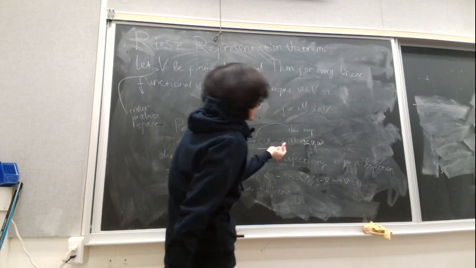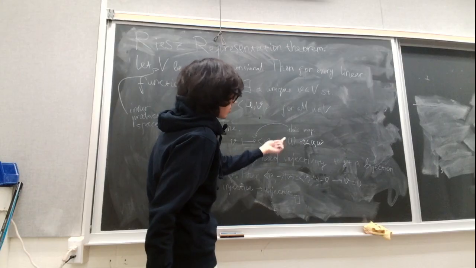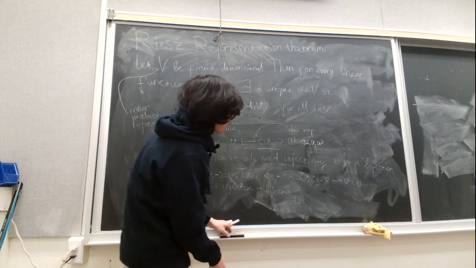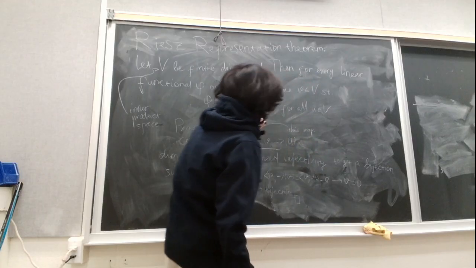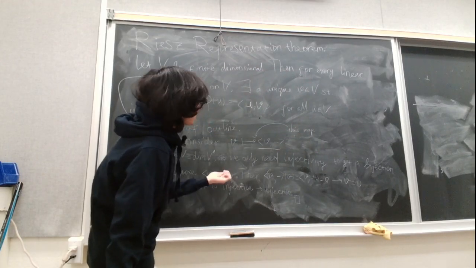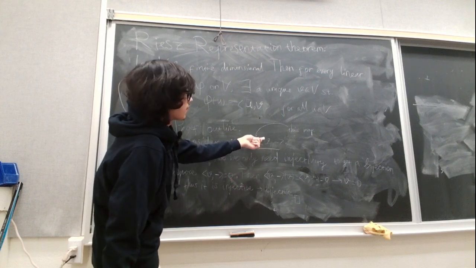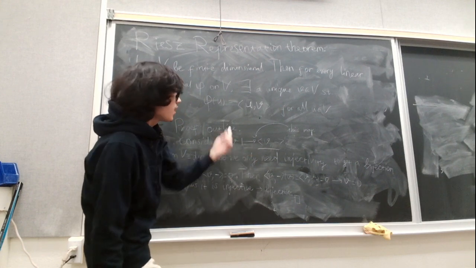This is obviously a function from V to R, or from V to the field, and you can convince yourself that it is actually a linear map because the inner product is linear in the first entry, right?